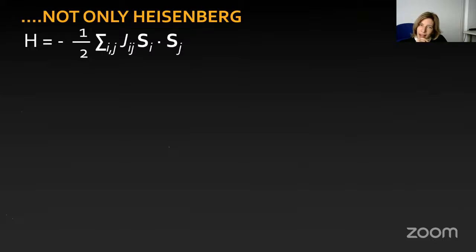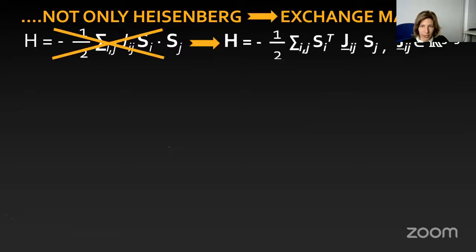Okay, the other ingredient I wanted to introduce is that, typically, of course, the first model that comes to our mind when we do a spin model is the Heisenberg coupling, in which we have a scalar term which couples two spins.